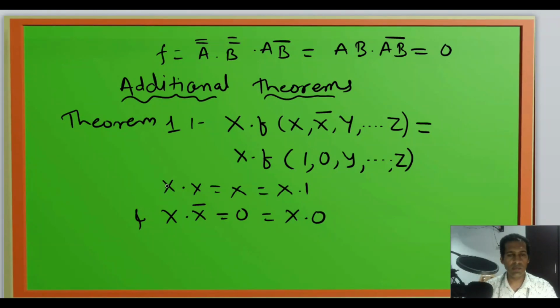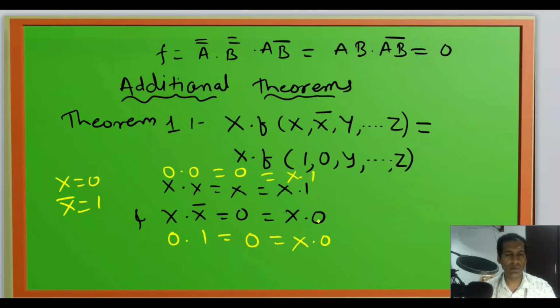Suppose x is 0, hence x bar will be 1. So 0 into 0 will be 0, that is x into 1. Similarly, the dot product of x 0 and x bar 1 will be 0, which is x into 0.